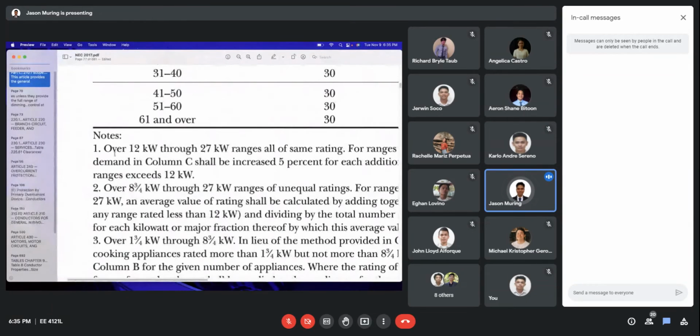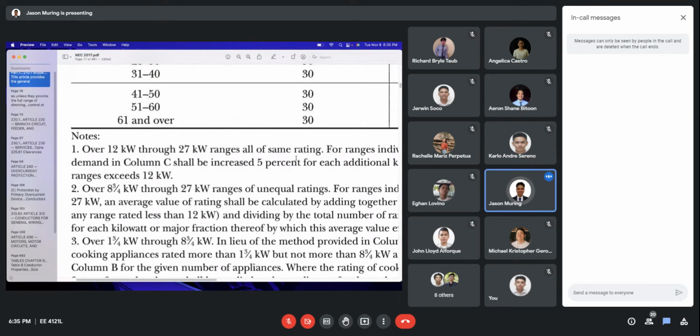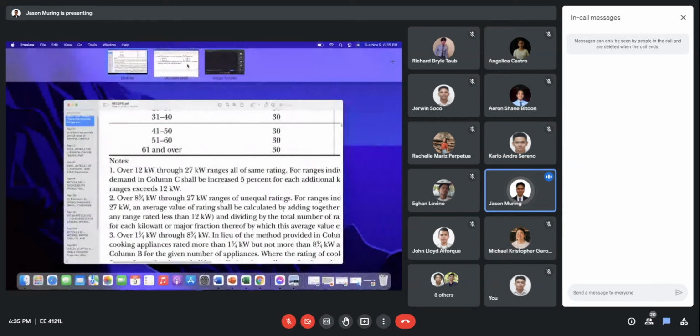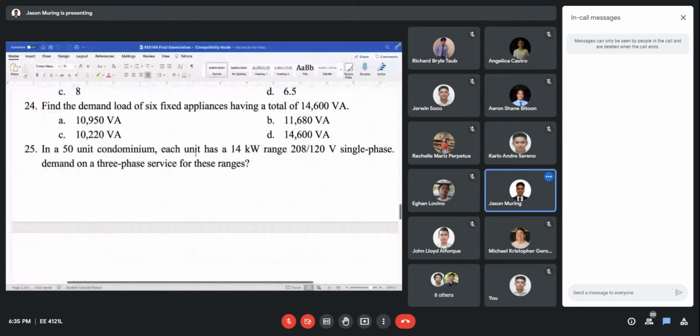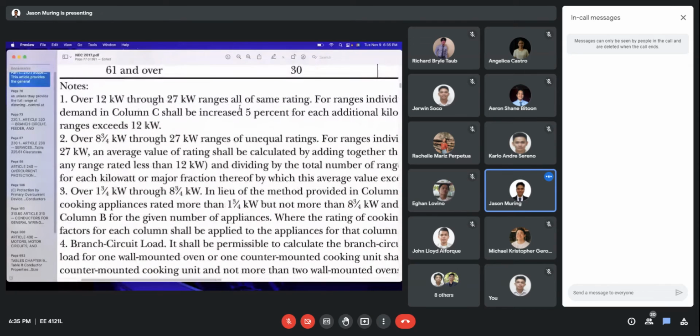Okay, so again, according to note 1, we have over 12 kilowatt through 27 kilowatt range of the same rating. According to the problem, the ratings are the same: 14 kilowatt for all, with 50 units.